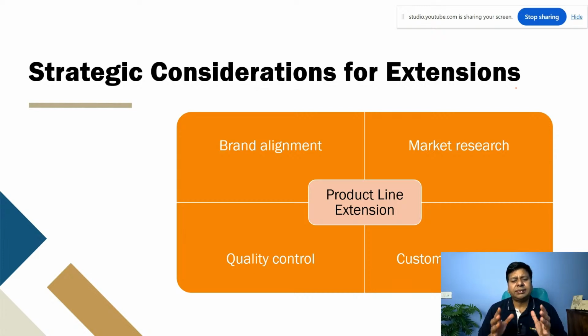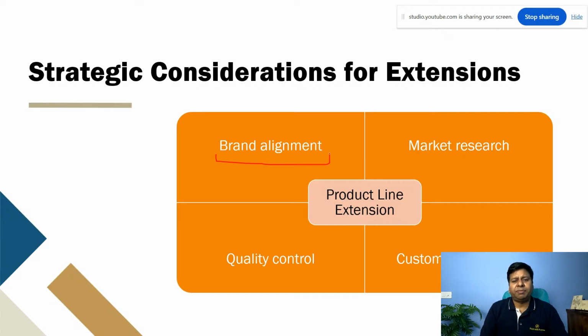There are certain strategies we should follow whenever we are doing this product line extension. Whatever product I am introducing, is it aligned with my brand? If the product is not aligning with your brand, think twice. Should I jump into this new segment? So, brand alignment is one part. Jira and Confluence are complementary products.